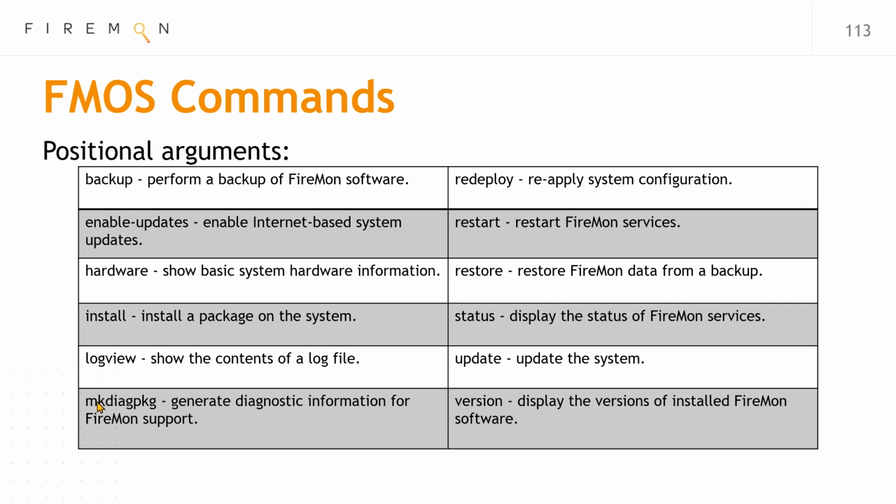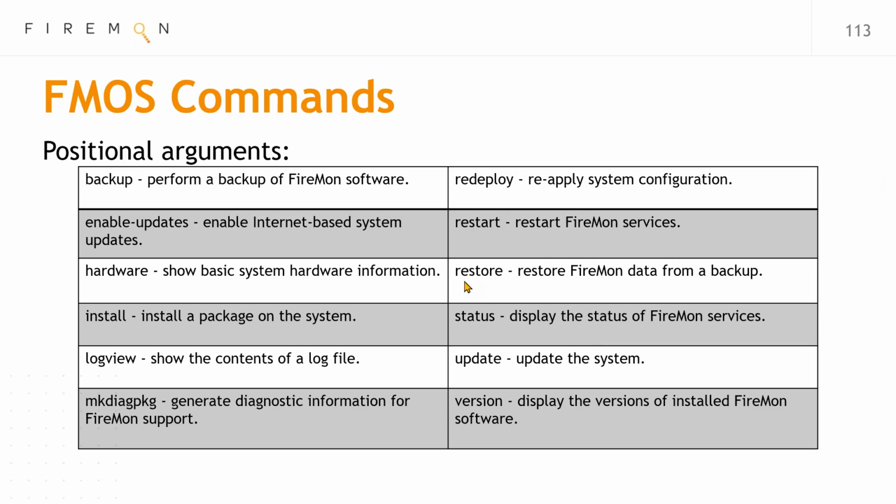Once you get logged into your server via SSH, if you want to get a diagnostic package, you would just type fmos mcdiag package, and then use an argument of the ticket number that you will have. And then you also would have the optional switch of -u, which would upload it automatically to our SFTP server under the guise of that trouble ticket using the password that would be sent to you from our support engineer. And you have various other commands here.